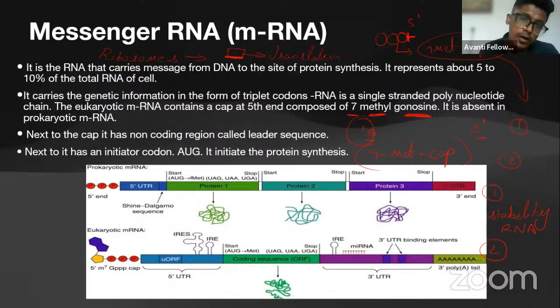For translation, what does it mean? Your RNA should become protein, no? That process is called translation. The translational machinery will come and assemble at the 7-methyl guanosine cap. So that becomes like a start sequence, like what you call a promoter region that we studied.